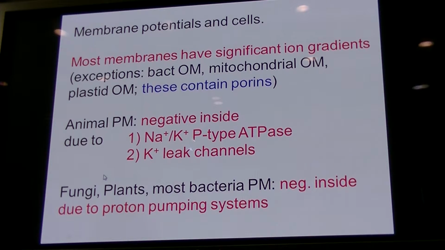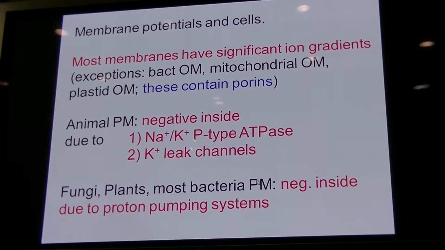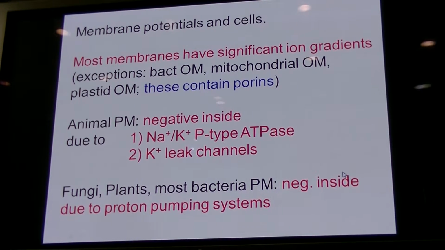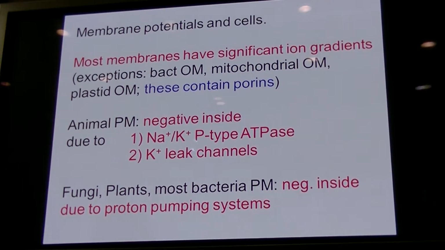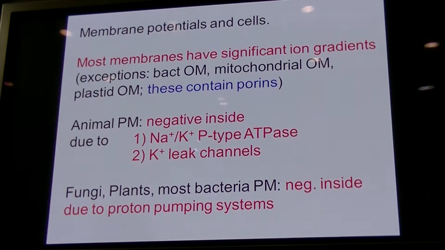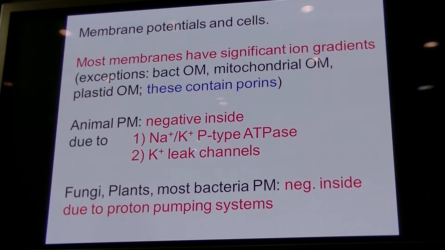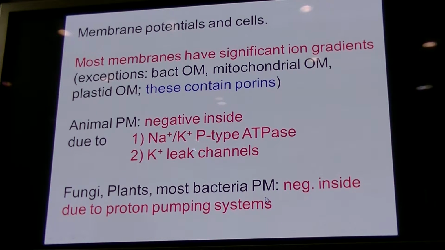Okay, so what do plants and fungi do, and the majority of the bacteria? They also have an excess of negative charges inside the cell over outside. It's due to proton gradients, and the proton gradients are created by proton pumping systems.